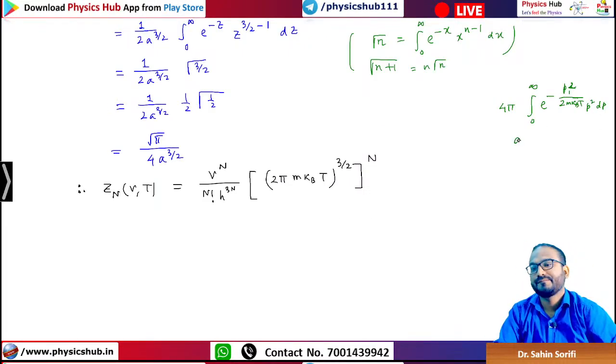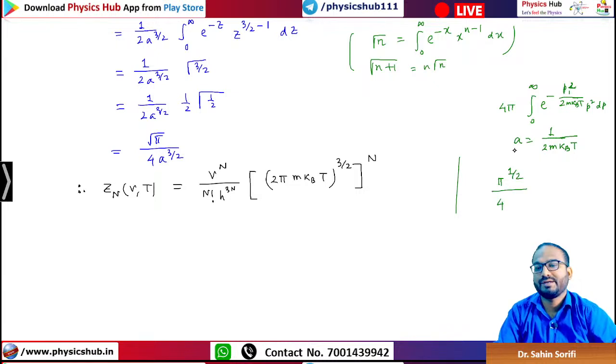So a is equal to 1 upon 2m kT, right. So our result is root pi by 4a to the power 3 by 2. So pi to the power half divided by 4 into a to the power 3 by 2, and a is 1 by 2m kT.